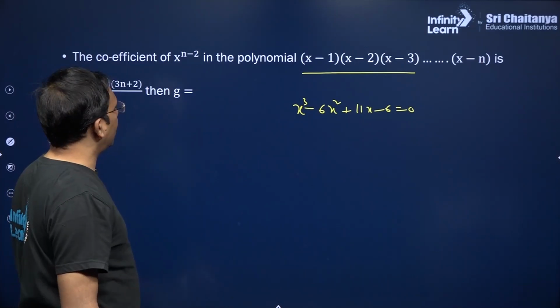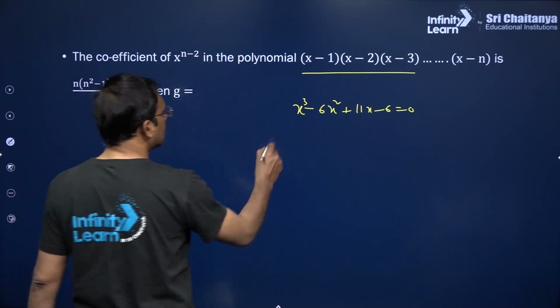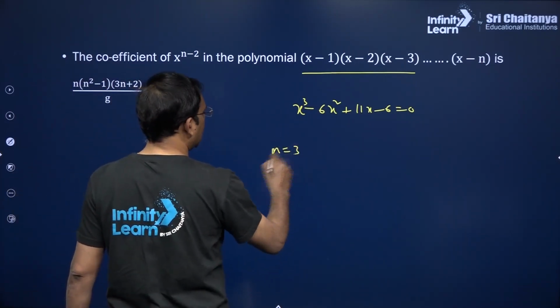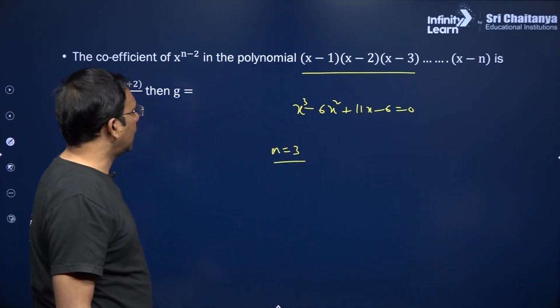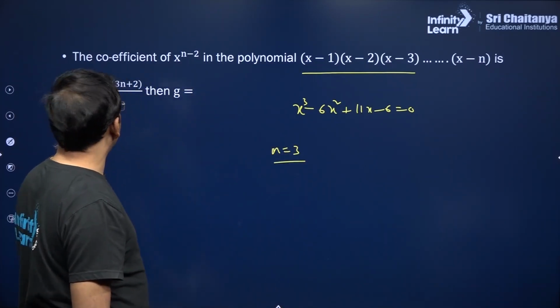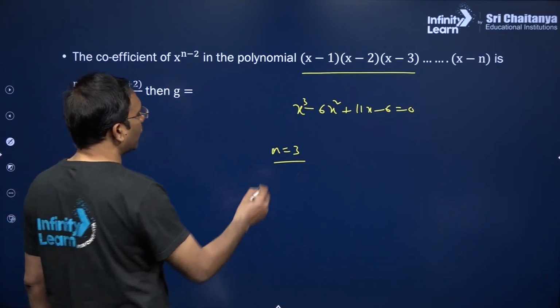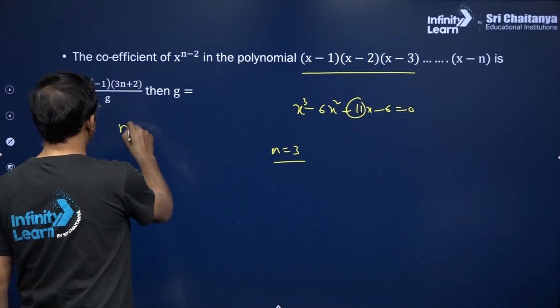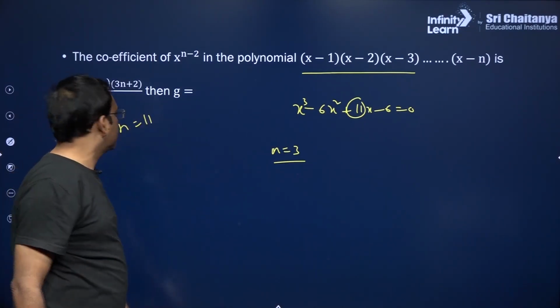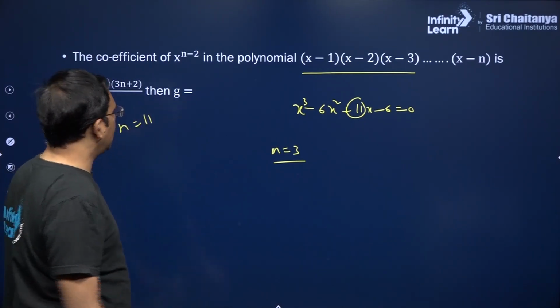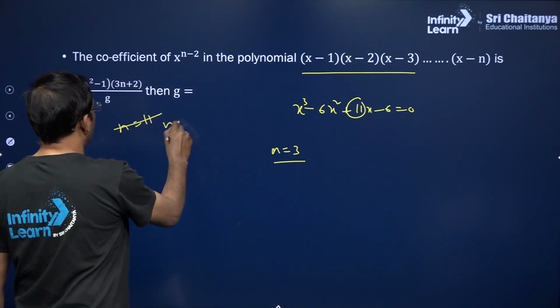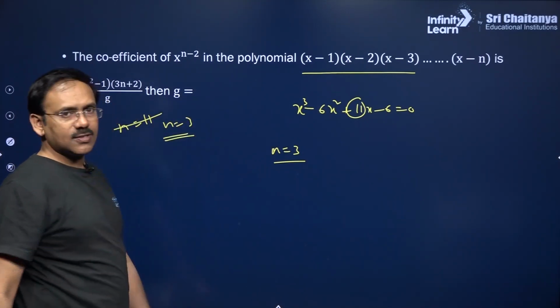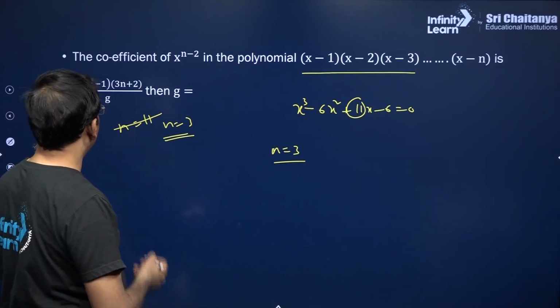So when n is 3, the coefficient of x power n minus 2 is 11, my dear friends. So in this equation, n is equal to 3, you substitute, you have to get 11.